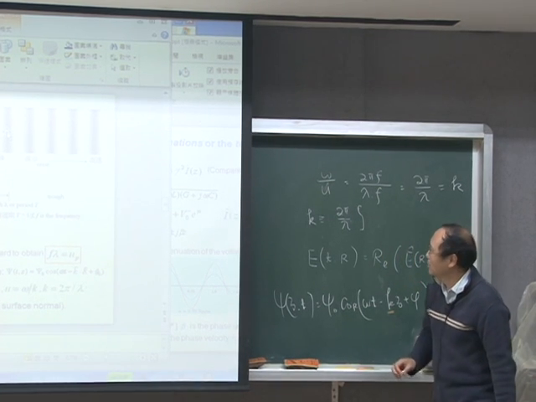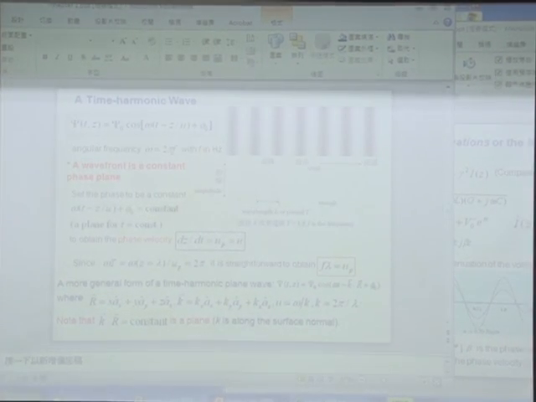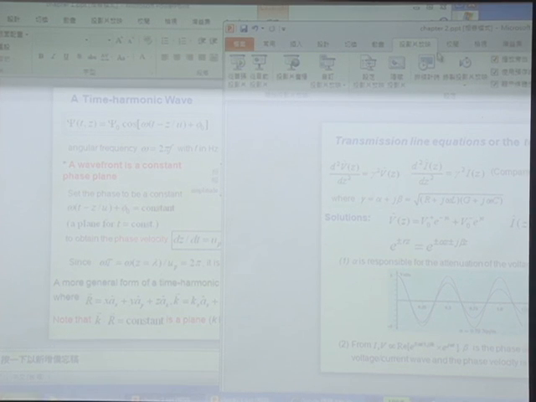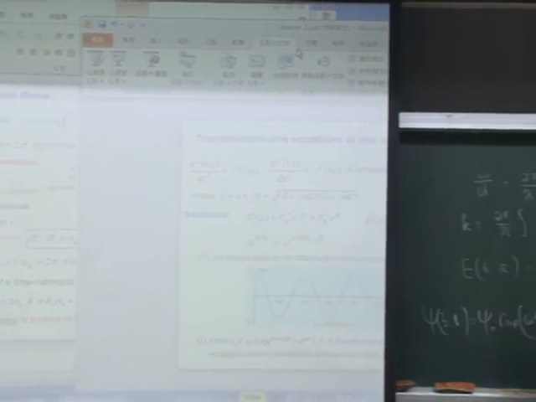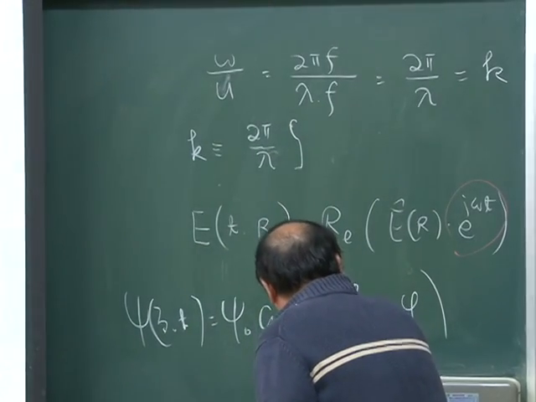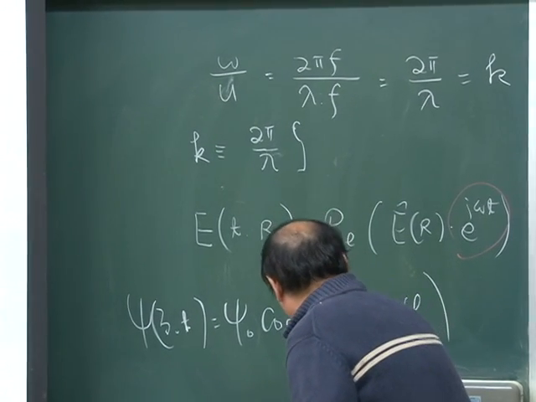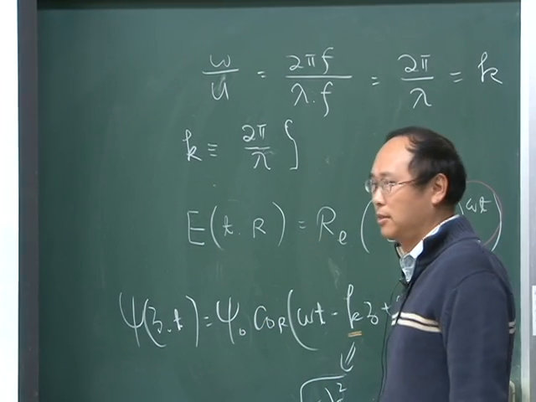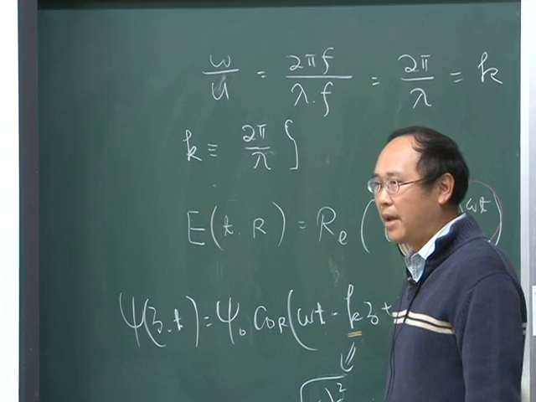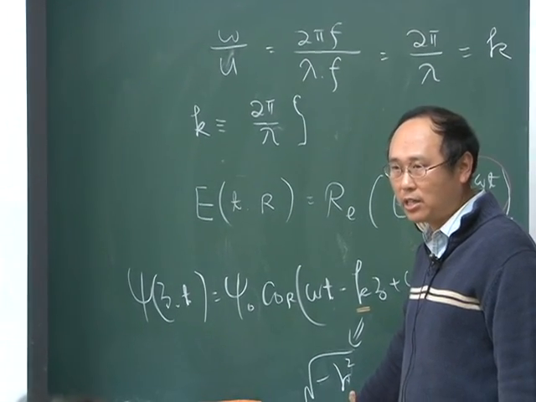So now, if you want to construct the solution for this expression, then you have to replace this with square root of minus gamma square. Okay, but at this moment, we do not know what gamma is.